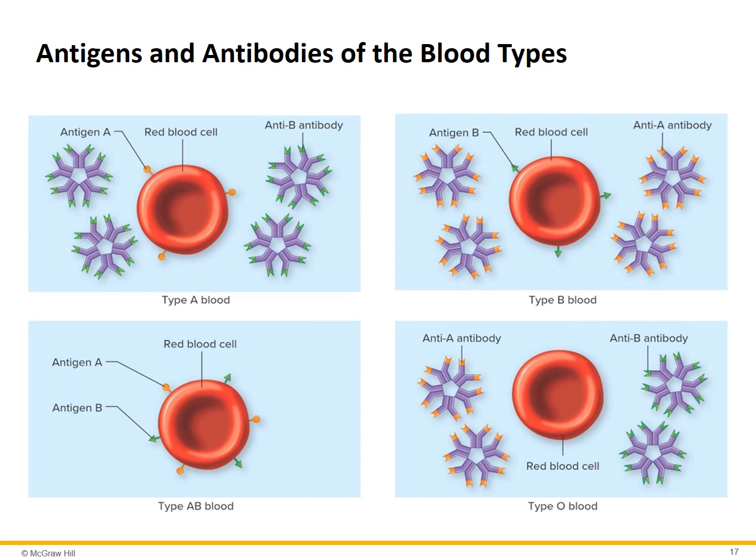Just remember, you can't have antibodies to what you have antigens of or you'd self-agglutinate. AB blood has the orange circles and the green triangles. They don't have either antibody. Type O blood doesn't have either antigen, but they have both antibodies.